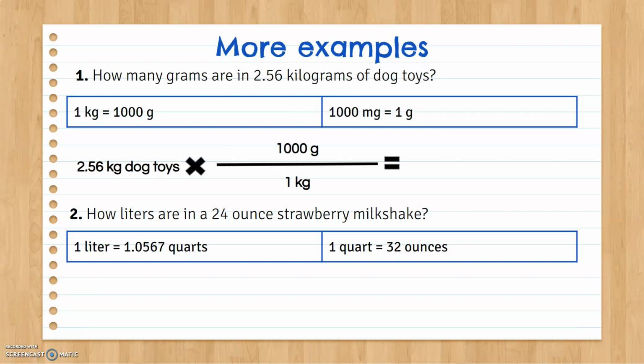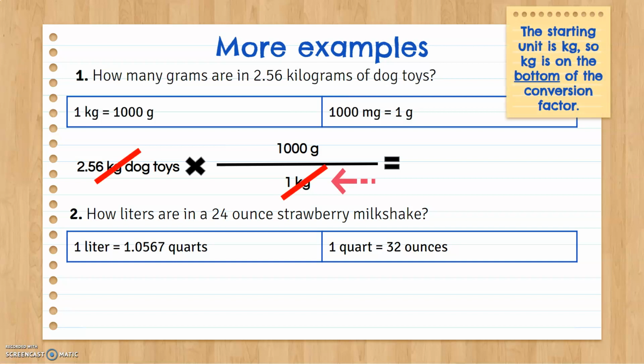So let's write 2.56 kilograms of dog toys down. And then we'll use that conversion factor where we can get rid of the kilograms and then turn those kilograms into grams. So see, I did 1 kilogram on bottom, 1,000 grams on top. Why did I put a kilogram on bottom? Because I want to get rid of it. So the kilogram is on bottom, 1,000 grams go on top. Now the math, you'll see that the units are going away.